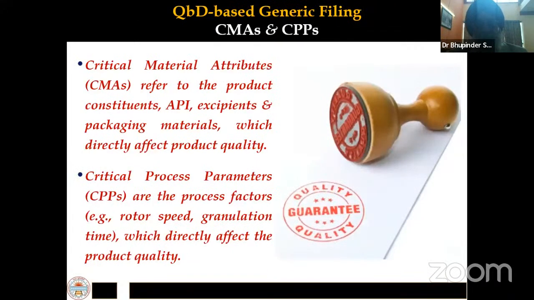Critical material attributes and critical process parameters. So critical material attributes, like the composition of the product, and critical process parameters, like the manufacturing operating conditions, like rotor speed, evaporation time.